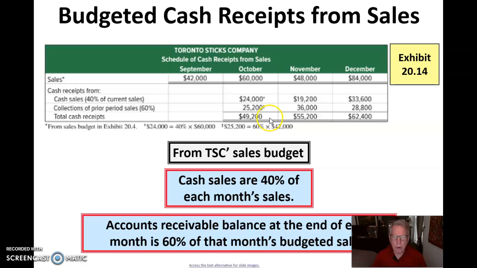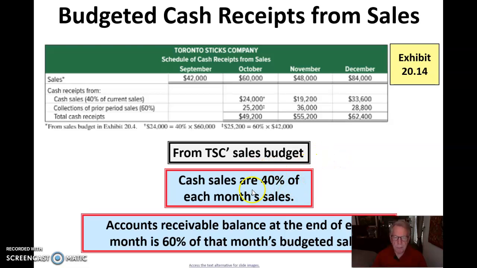So that gives us our total cash receipts for October of 49,900. Same thing in November. We're going to get 40% of November's sales in November, but we're going to get the remaining 60% of October's sales in November, and that will give us 55,000, etc.